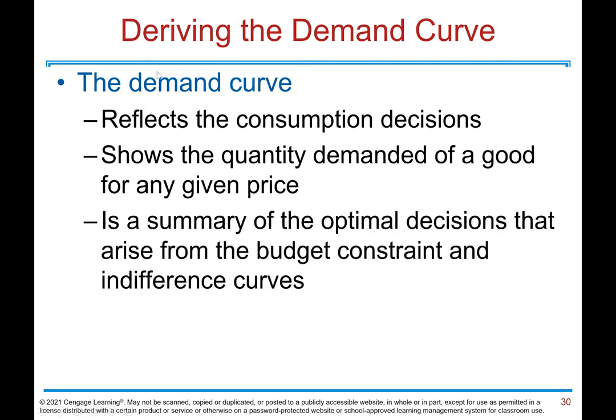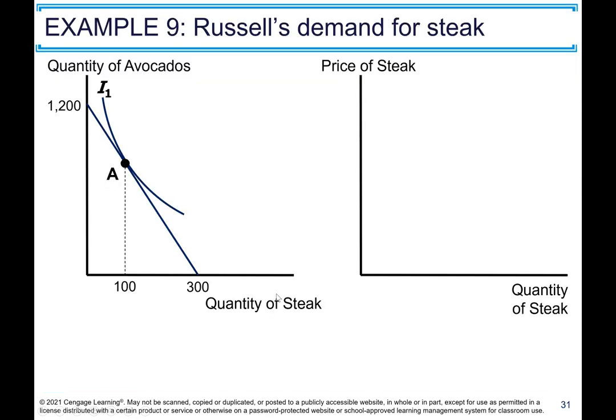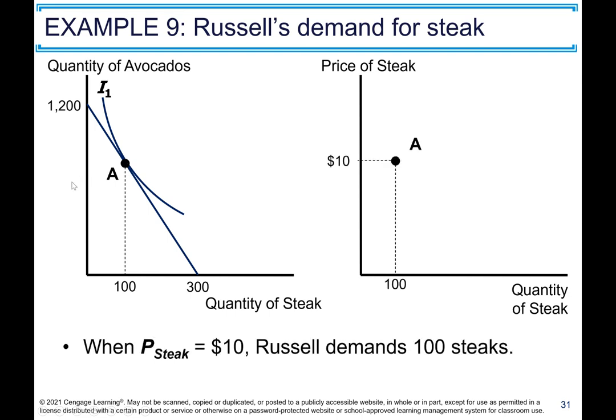Deriving the demand curve. The demand curve reflects the consumption decisions. It shows the quantity demanded of a good for any given price. It's a summary of the optimal decisions that arise from the budget constraints and indifference curves. Example 9, Russell's demand for steak. We start with optimal choice point A. When the price of steak is $10, Russell demands 100 steaks.